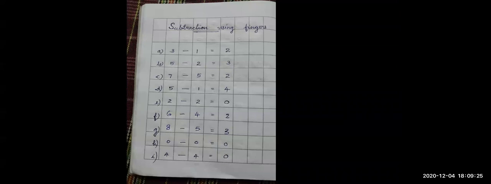So we will write the bigger number first, then the subtraction symbol, then the second number. How we do it using fingers: the bigger number, that many fingers we will open. Then the second, smaller number, that many fingers we will close. The remaining fingers will give us the answer.